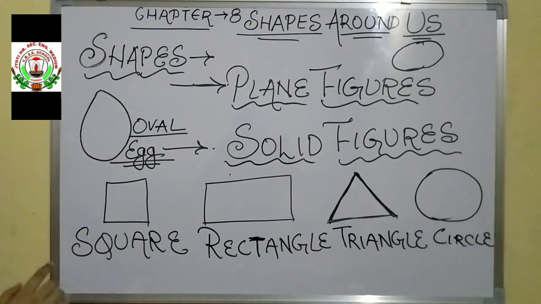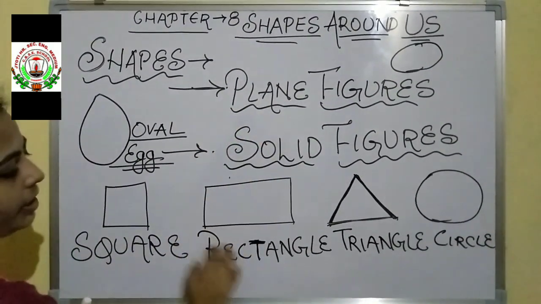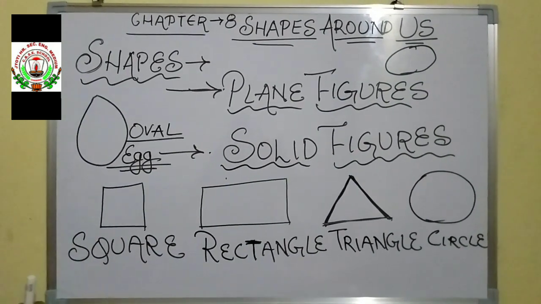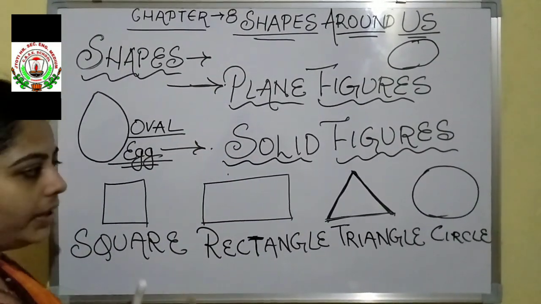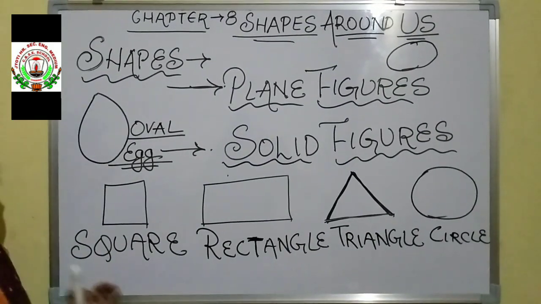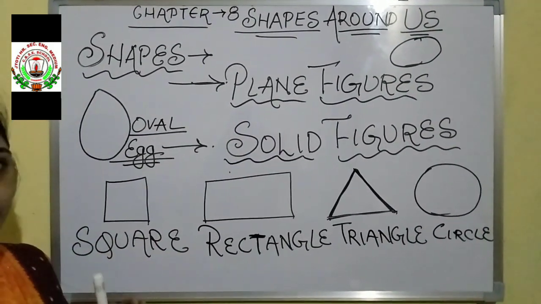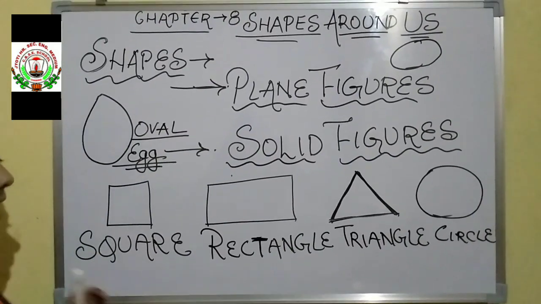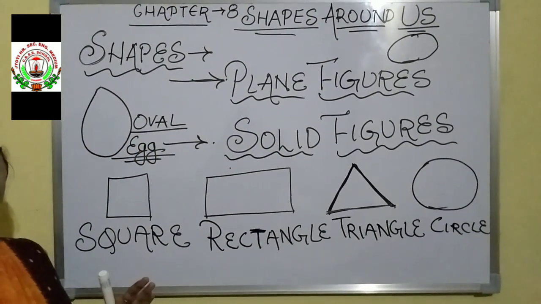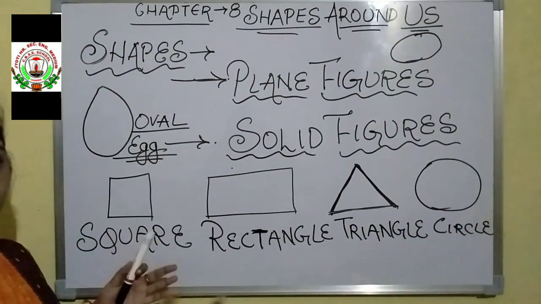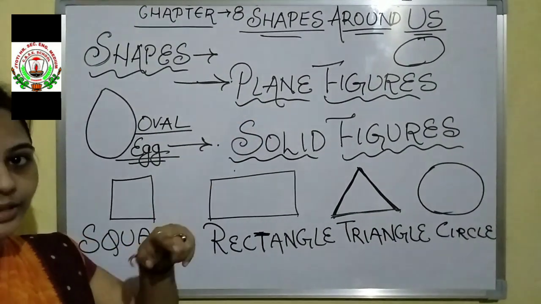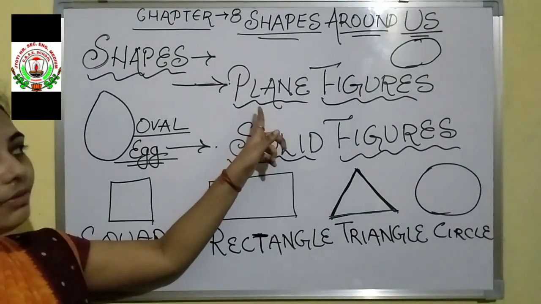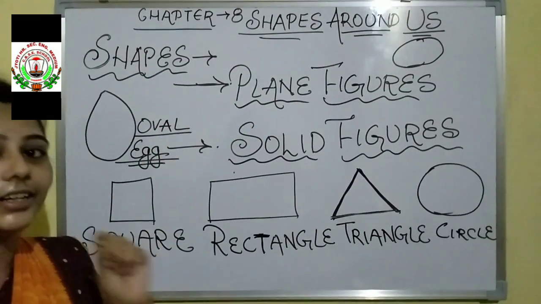So children, this we have seen, plane figures. Okay. And in the next class also we will be seeing plane figures and solid figures both. But today's homework I am giving you: in your maths notebook you have to make any 5 plane figures and color them very nicely.